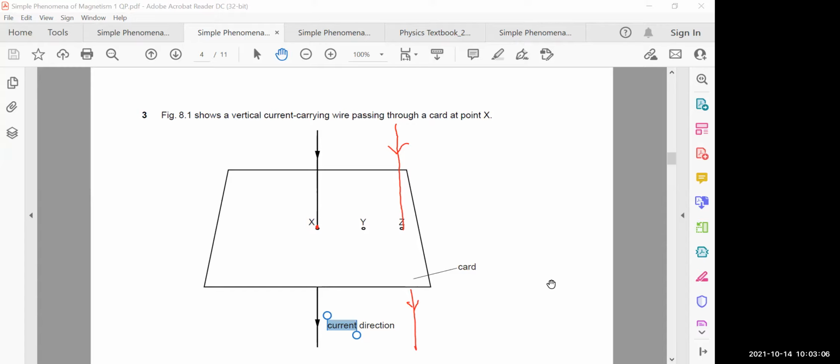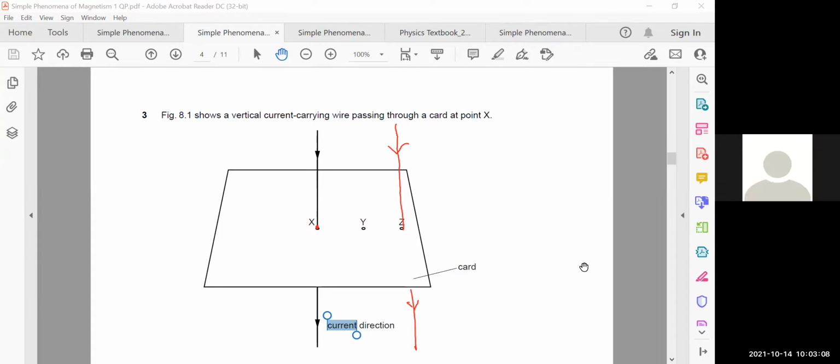Sampan Malik. Yes, sir. Tell me the answer, please. The magnetic field decreases, sir. Reason with explanation, please. I need explanation here.